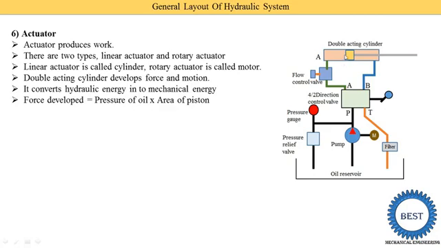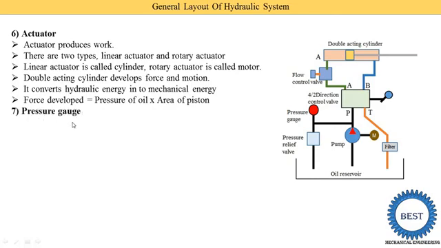Because the area of the piston is fixed, we are not going to change the area of the piston, since it is a fixed component. So if we want more force, we increase the pressure of the oil supplied to the actuators. And in actuators the hydraulic energy is converted into mechanical energy. Means we supply hydraulic energy into actuators and it is converted into mechanical energy.